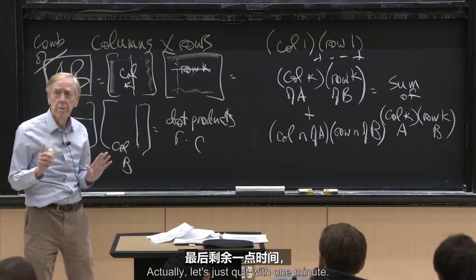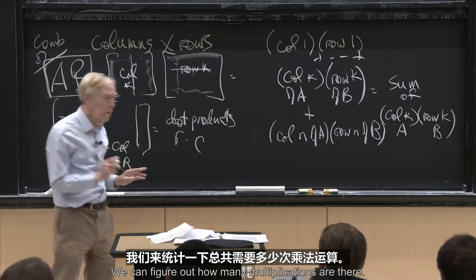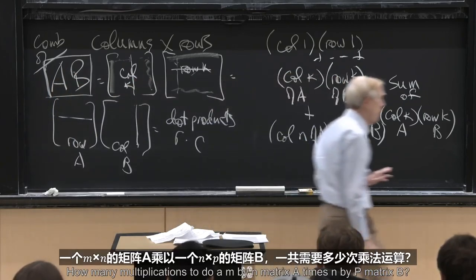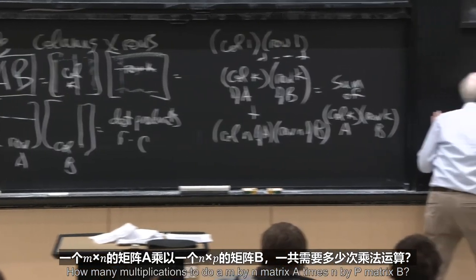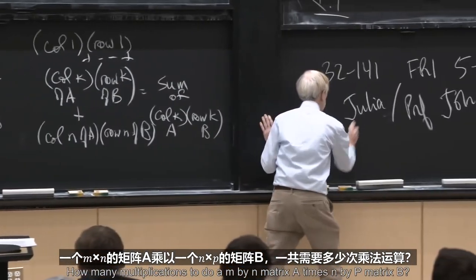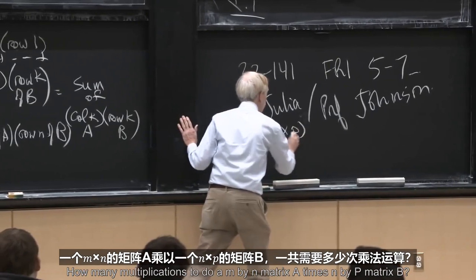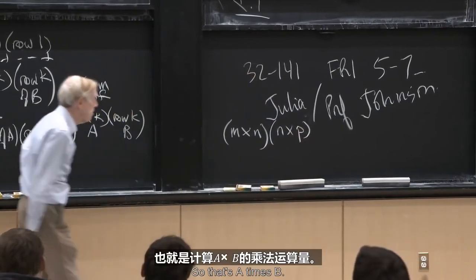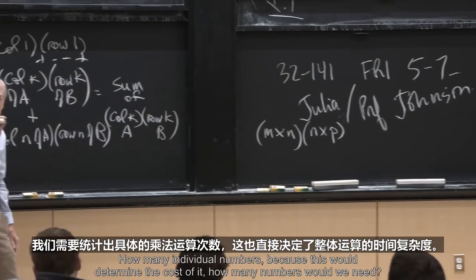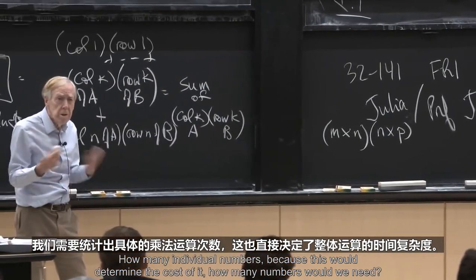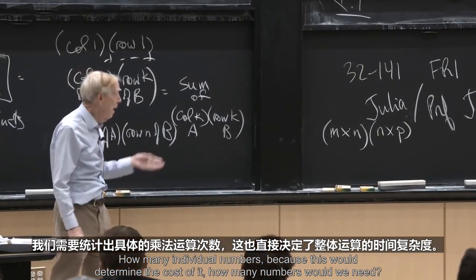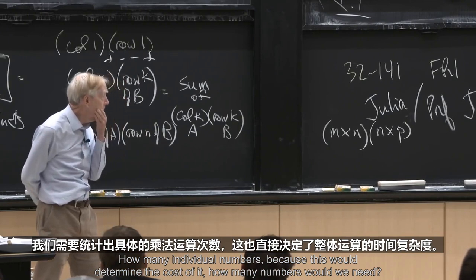Actually, let's just quit with 1 minute. We can figure out how many multiplications there are. How many multiplications to do an M by N matrix A times an N by P matrix B? How many individual numbers, because this would determine the cost of it?